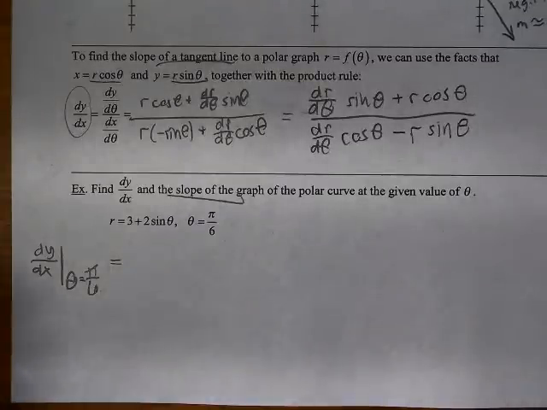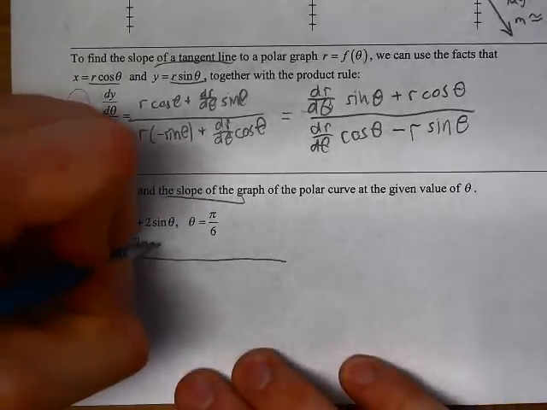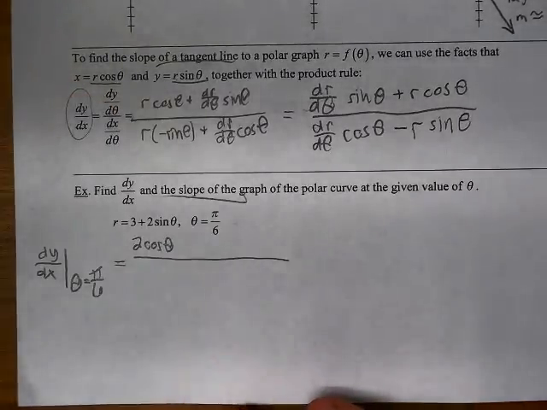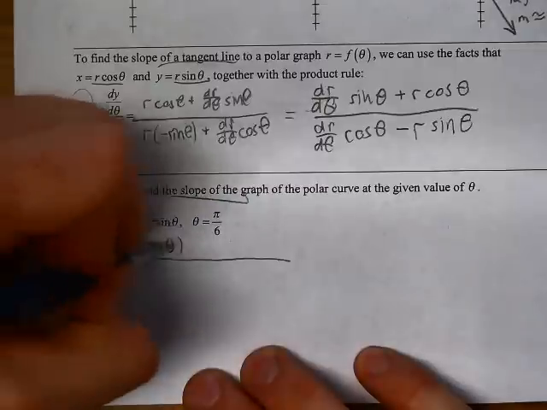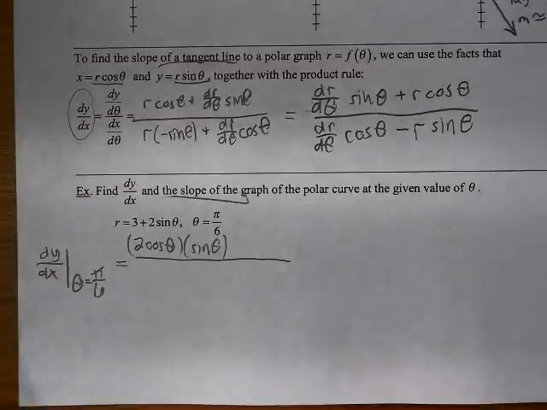Let's see. We have 2 cosine theta times sine of theta.